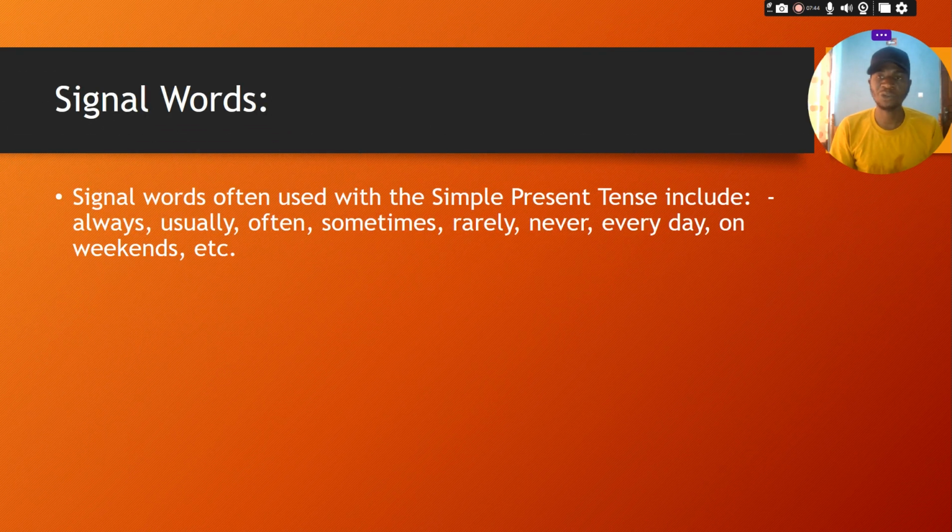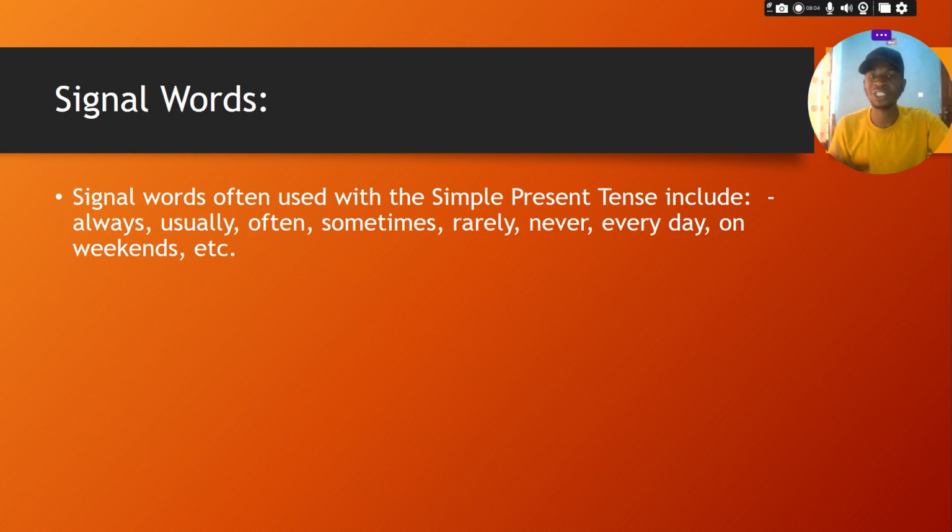Then the most important thing, usually whenever we express ourselves in simple present tense, we use these words: always, usually, often, sometimes, rarely, never, every day, on weekends. So these are signal words.